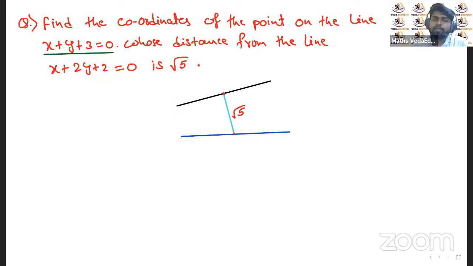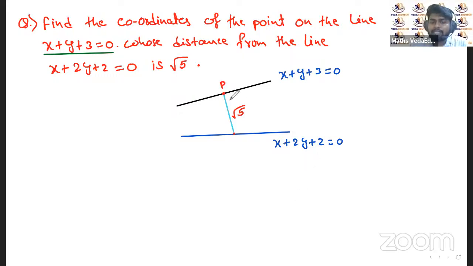Okay. So first we need to think about the approach, how we are going to solve this case. The equation of this line is given, that is x plus y plus 3 equal to 0, and the second line has the equation x plus 2y plus 2 equal to 0, and they're asking for this point.